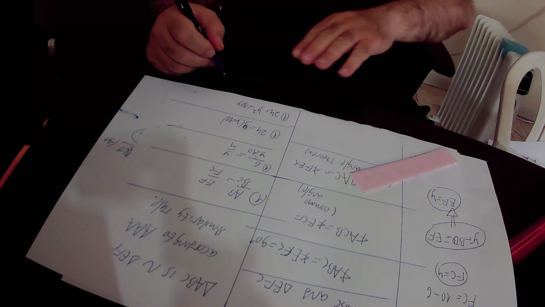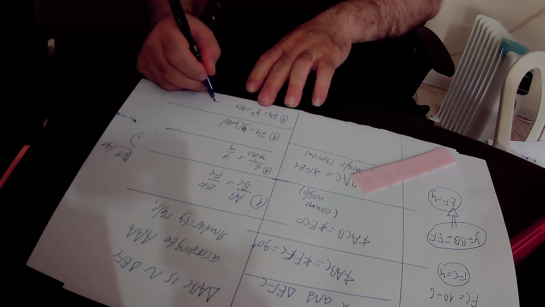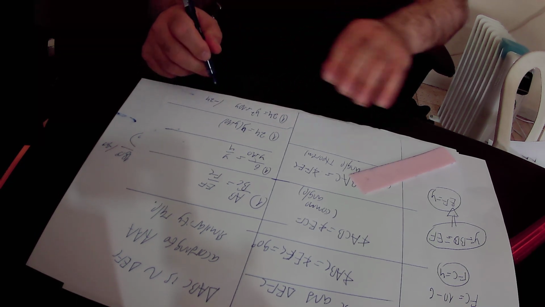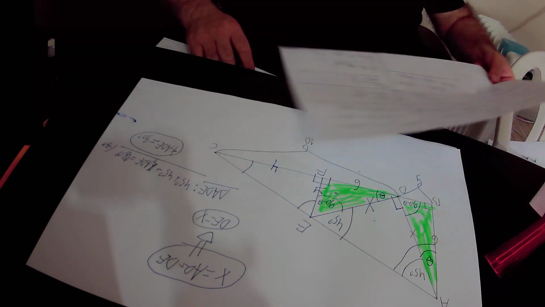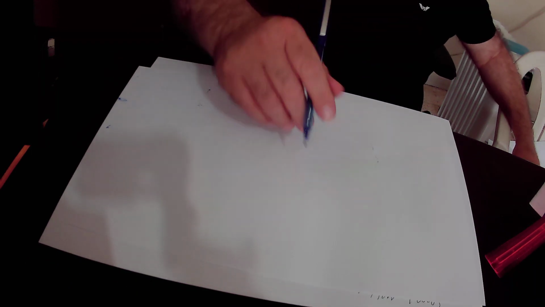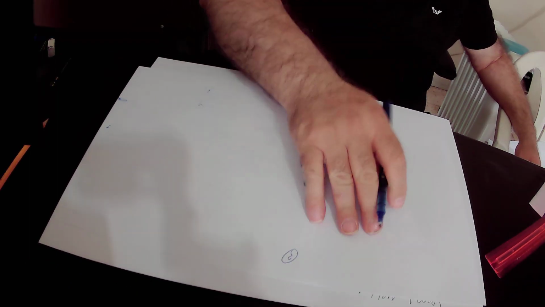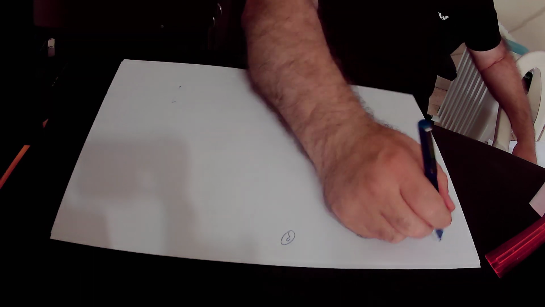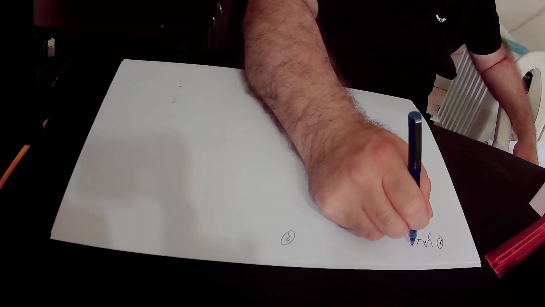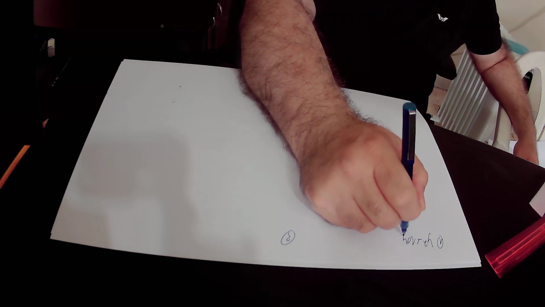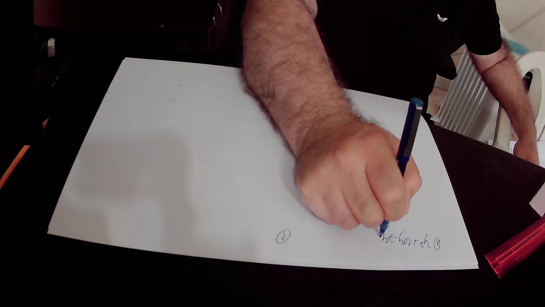Here we will subtract 24, and we get Y squared plus 10Y minus 24 equals 0.